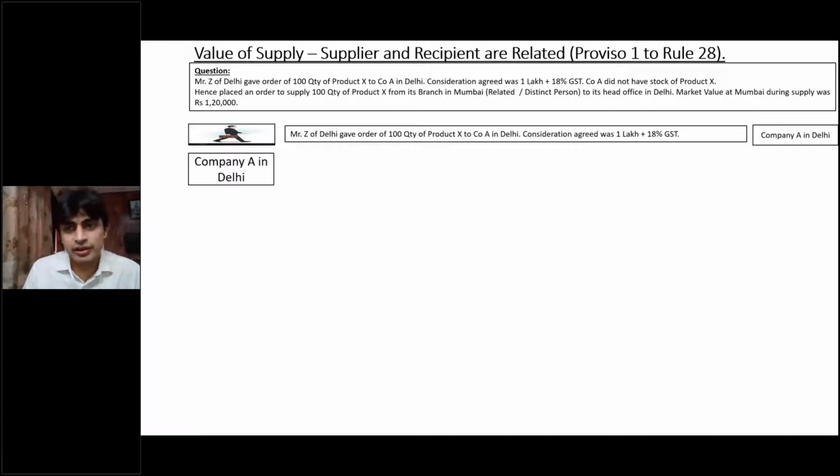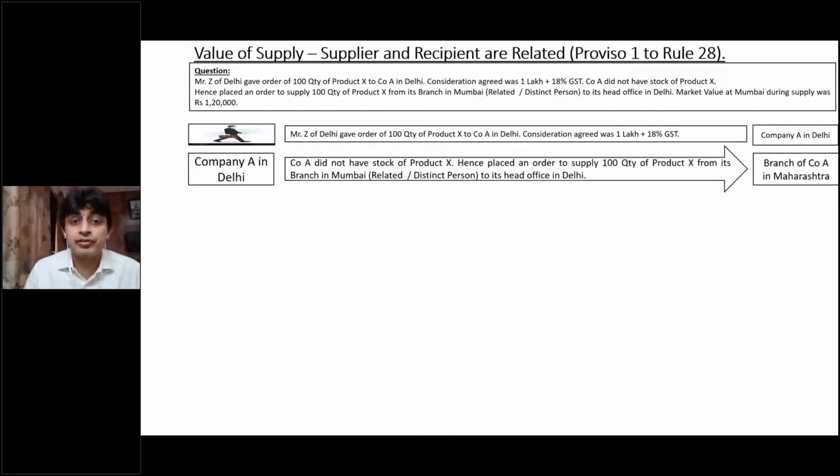I did not have stock in Delhi. Goods of product X were not there. So what did I request? I requested my branch in Mumbai, boss, please supply stock of product X from Mumbai to Delhi. I did not have stock. So I requested my branch in Mumbai to give 100 quantity of X in Delhi.